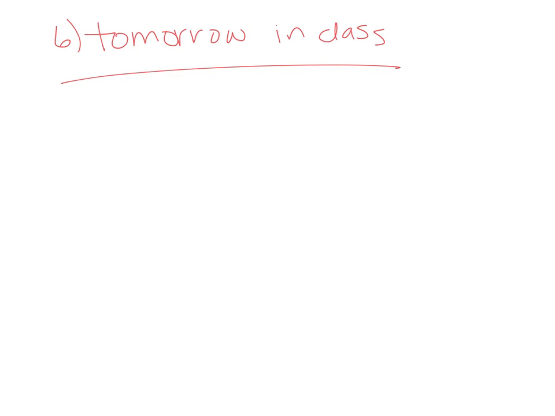Same thing with number 7. We'll start class with those 2 problems. And in case you're going to be gone tomorrow, it's page 158, 1 through 11 odd. And in case you're not in class tomorrow to go over 6 and 7, stop by before school and I can show you how to put that in your calculator. It's really easy. It won't take much time. All right, that's the end of our notes.